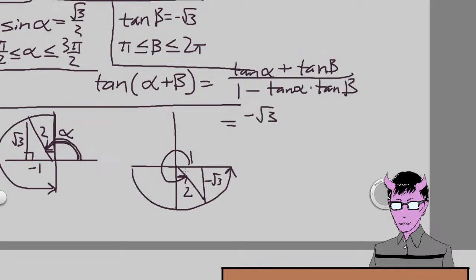Evaluating tangent beta, that's going to be opposite over adjacent. But do the signage first. Then evaluate. One minus this one times that one.